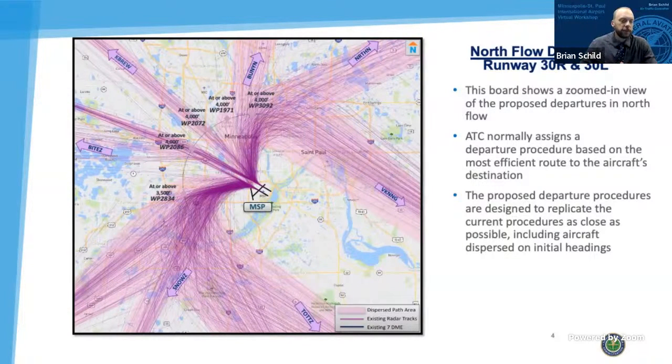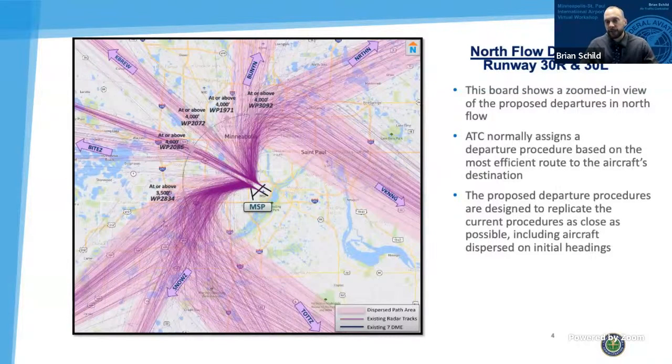Well, it's a great question. The short answer is you shouldn't see any difference, but I'll explain why. As Sean mentioned, we depart and take off into the wind, so that's when you'll see us using this direction. When we built these new procedures, we incorporated all the noise abatement measures, and we tried to find as much compatible land as we could.